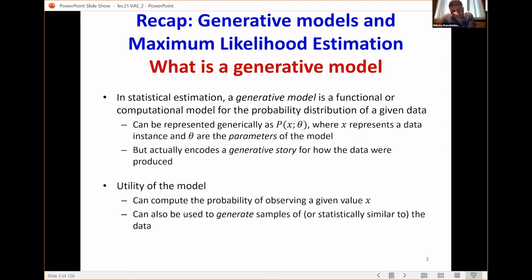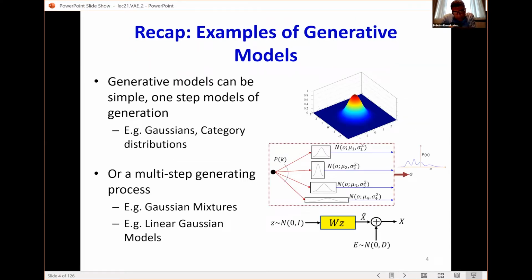Now, why do you need generative models? We can compute the probability of observing a given value x if you have a model. You can also use these models to generate samples that are statistically similar to the data whose distribution you're trying to model. We saw some examples of generative models. They can be simple one-step generative models where the process of obtaining a random sample is a simple drawing process, like a Gaussian or a categorical distribution.